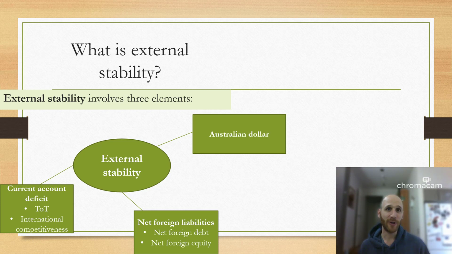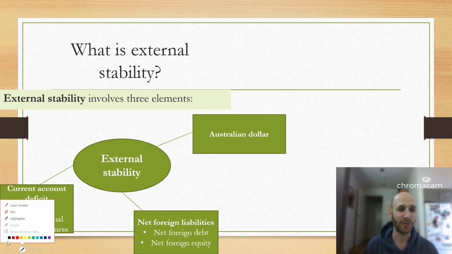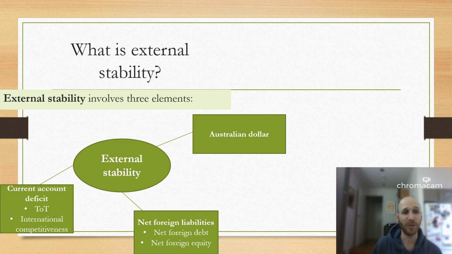In the series of videos before this, we've been looking at the issue of external stability, the economic issue, and particularly how external stability is really made up of three components. So external stability relates to the current account deficit, external stability relates to net foreign liabilities, and it relates to the Australian dollar.